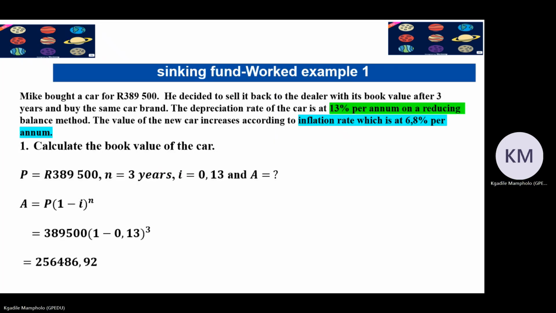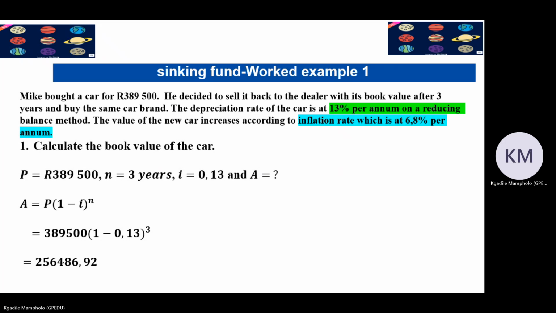Now, when you calculate the book value, like I said, book value has something to do with depreciation. It means the rate that you're going to use will be the depreciation rate, which is 13% per annum on a reducing balance method.